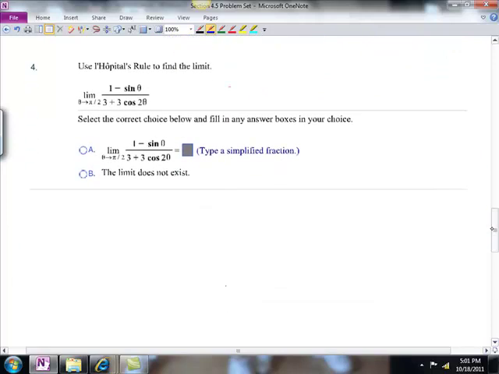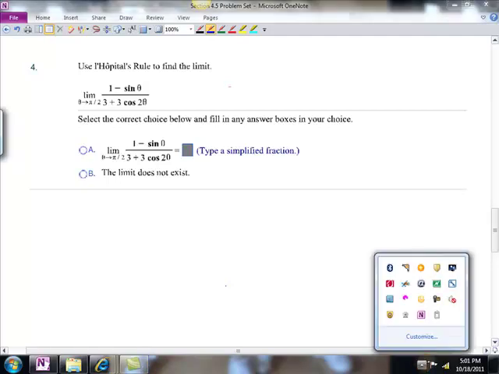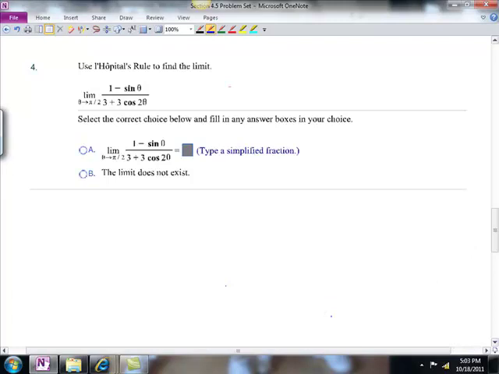All right. Number 4. As theta approaches pi over 2, okay?